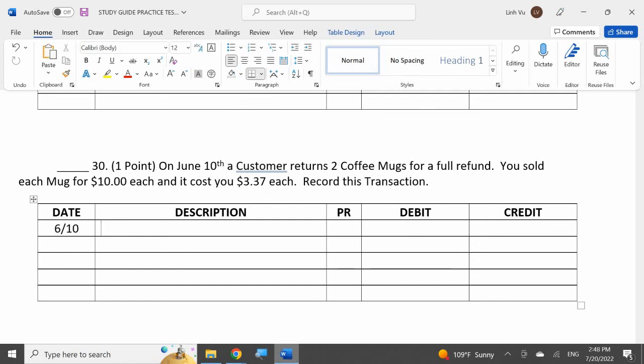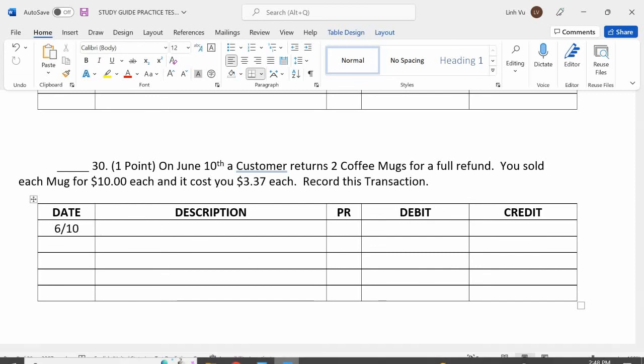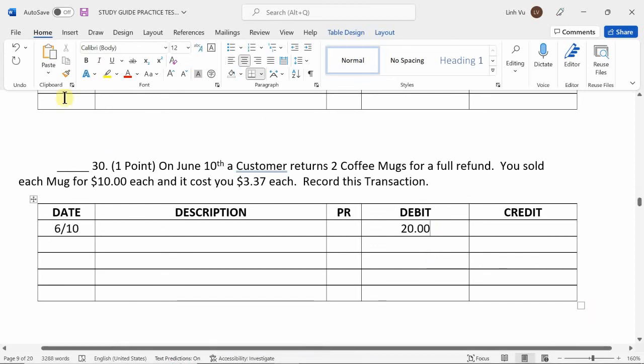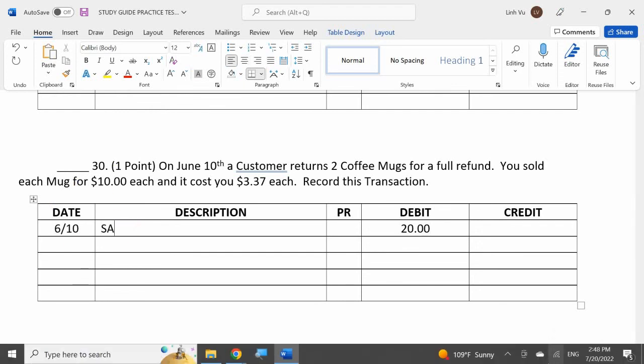Well, you have the $20 debited to sales returns and allowances. Good. Sales returns and allowances is what we're looking at, because we sold to a customer and now the customer wants a refund. So we did a sales return and allowance. And then cash is credited for that $20.